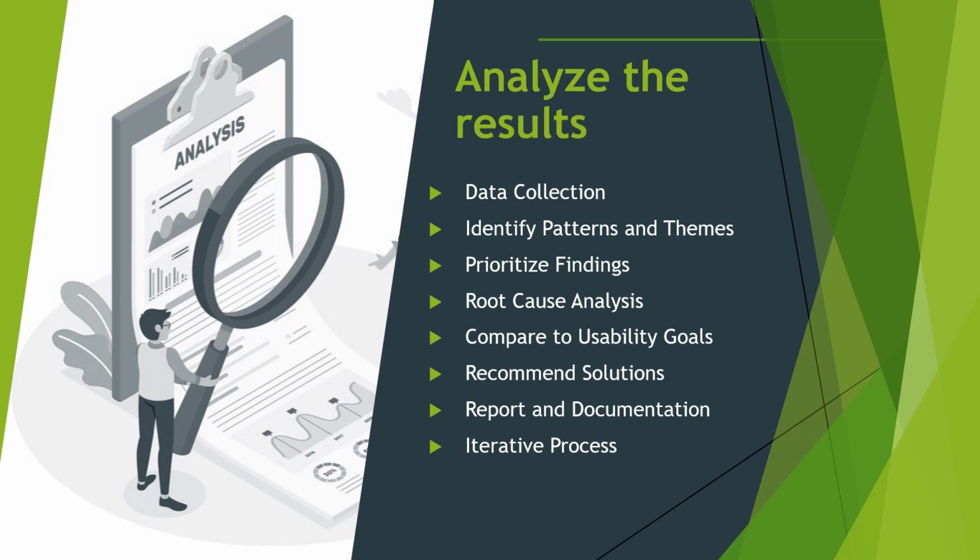Determine if they stem from maybe design flaws or from technical glitches or maybe a misunderstanding in the user interaction. Then you want to measure the identified issues against the initial usability goals set for the app. Assess how well the app aligns with these goals and where improvements are going to be needed. And then based on the analysis, you're going to propose solutions or recommendations to address identified issues.